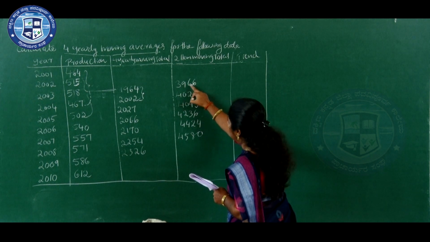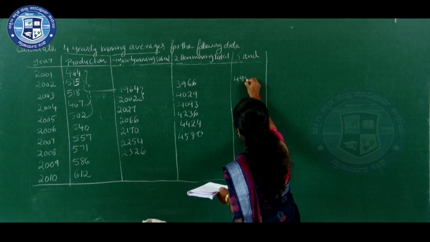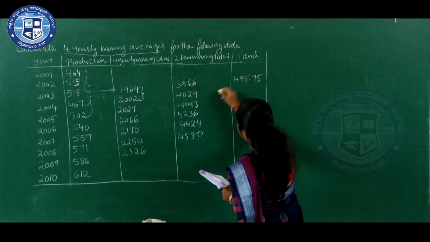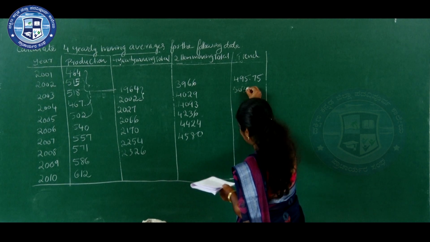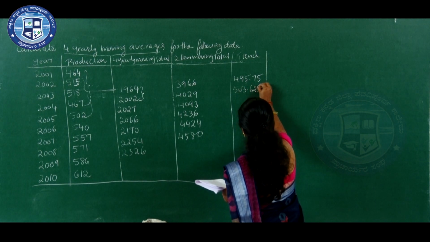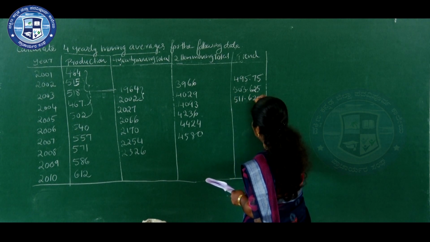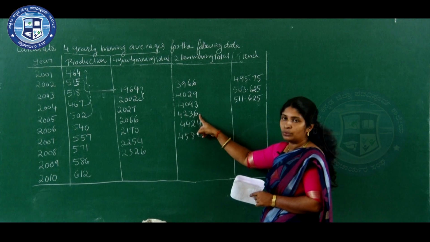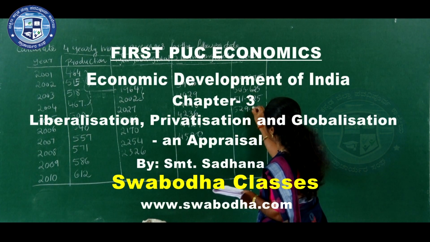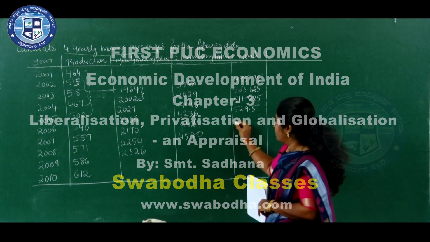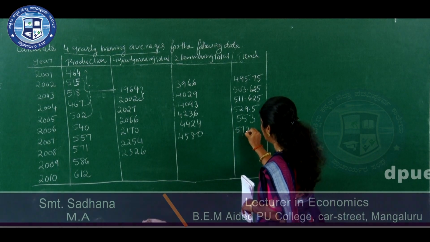That is 3966 divided by 8, that is 495.75. Next 4029 divided by 8 is 503.625, then 511.625, then 4236 divided by 8, that is 529.5, then 553, and the last one is 572.5.